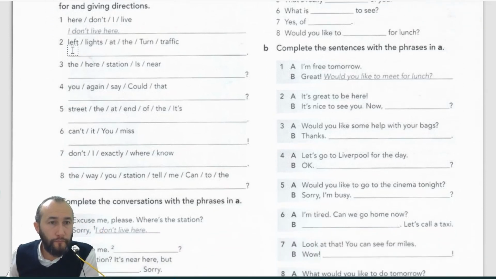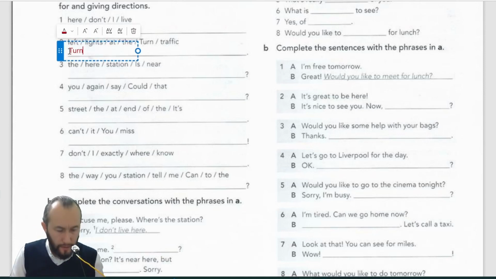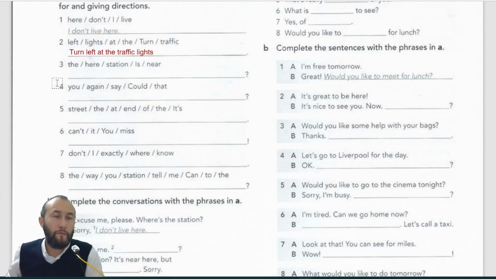Number 2, left lights at the turn traffic. So we got turn. T is capital, so we're going to start with turn. Turn left at the traffic lights. So we've used all the words in the right order.